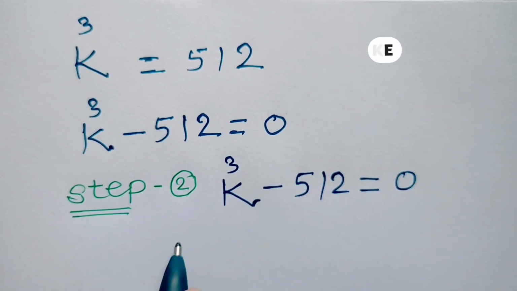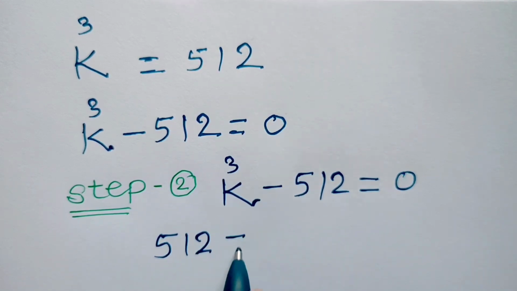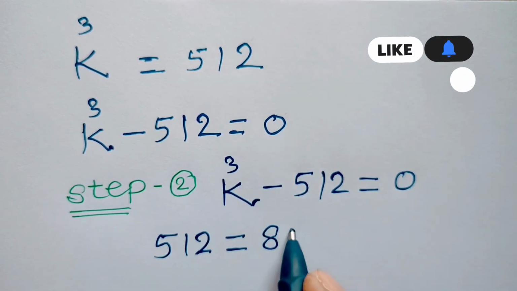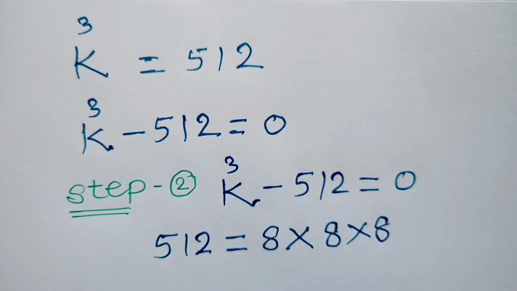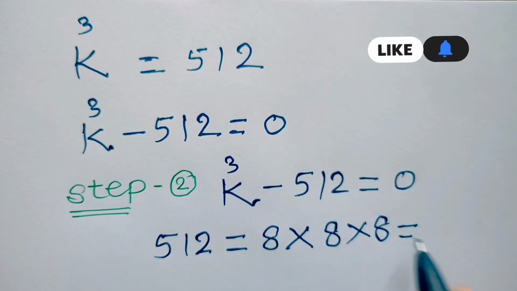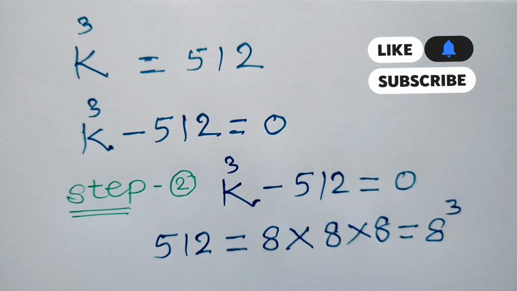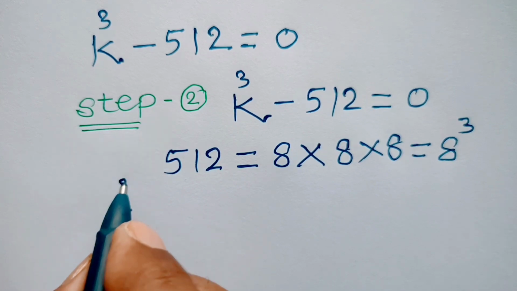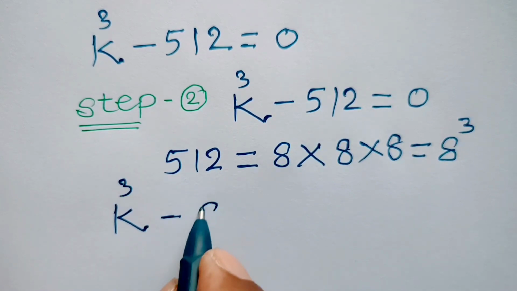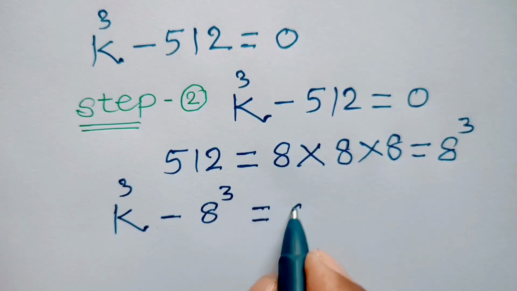But we know 512 can be written as 8 into 8 into 8, and which is equal to 8 cube. Hence equation becomes k cube minus 8 cube is equal to 0.